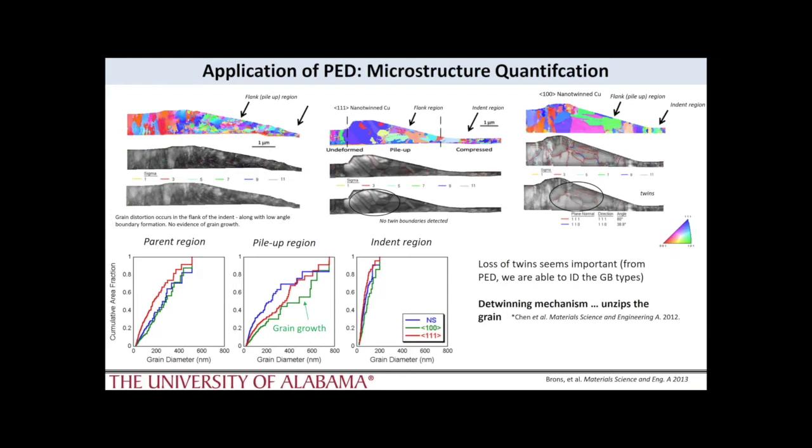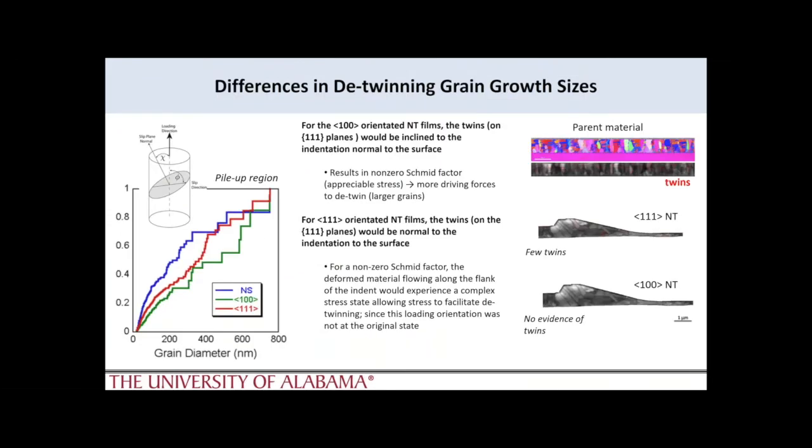With that success, knowing the differences in twin densities, where we see a few twins and no twins, we're able to go even further to understand that behavior, because we recognize that in some loading conditions the Schmid factor would produce the type of force onto the grain boundary twin to cause detwinning. So we're able to further understand what's going on between the two types of samples.